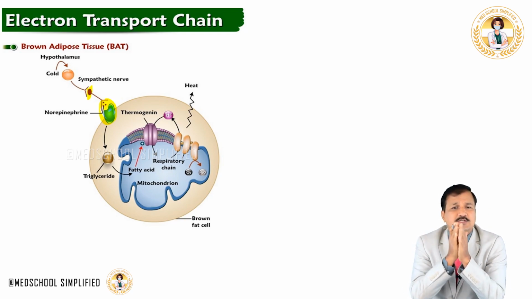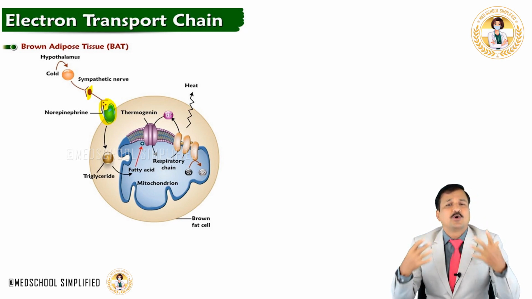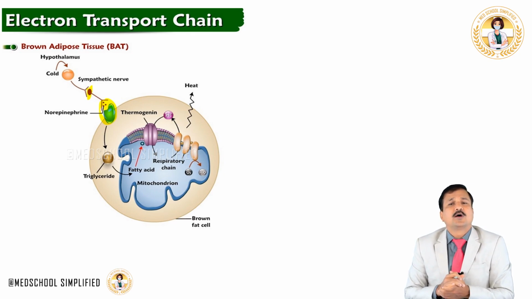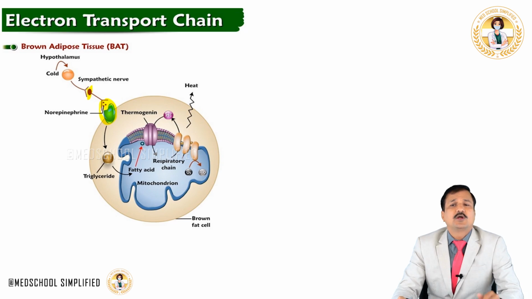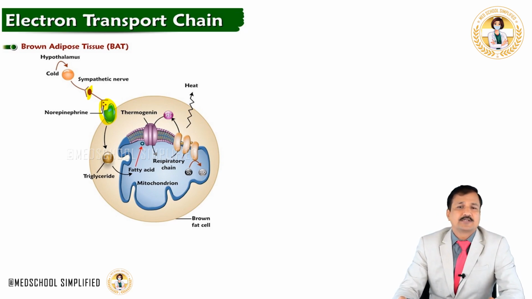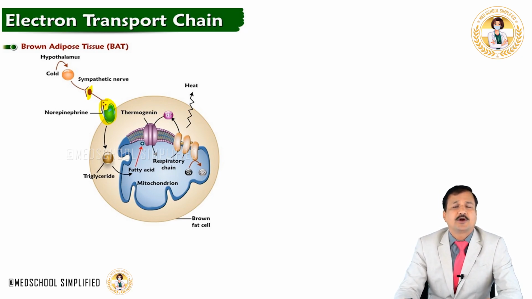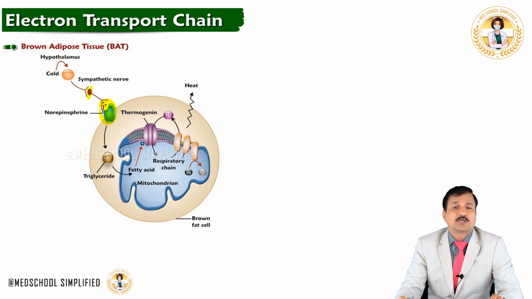When the thermogenin is closed, protons are no longer leaking, so the electron transport chain becomes more efficient, and now it is able to make more ATPs, and thereby it is going to bring up ATP levels in the tissue. So like this, physiological changes will be going on in our body, and whenever there is a need for heat generation, heat can be generated through the electron transport chain.